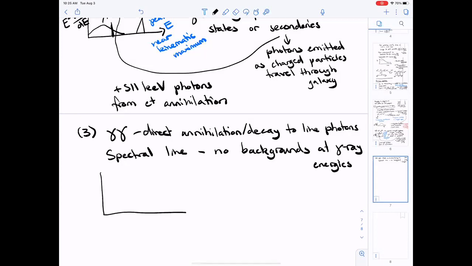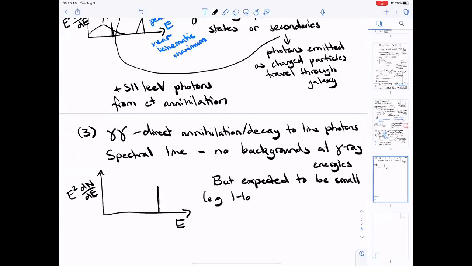Your photon spectrum that I've been sketching before looks like that. So it's a nice distinctive signal, but expected to be small because the dark matter is dark. So this is a very clean signal.